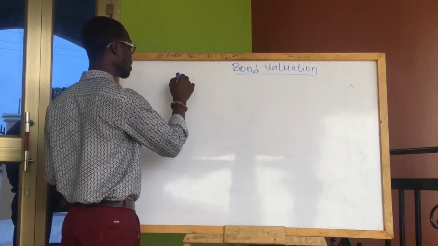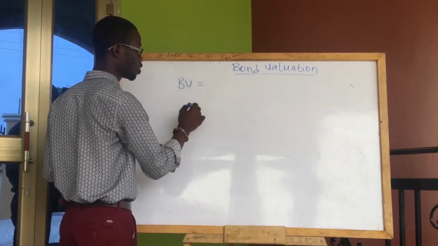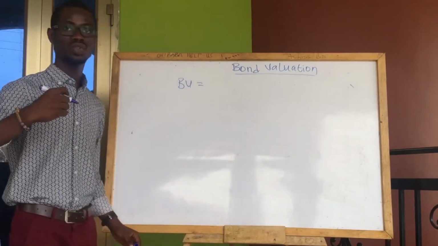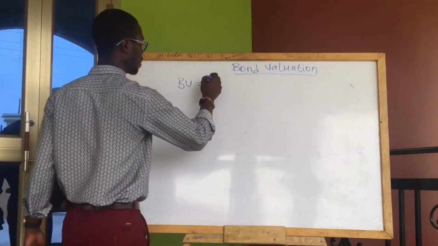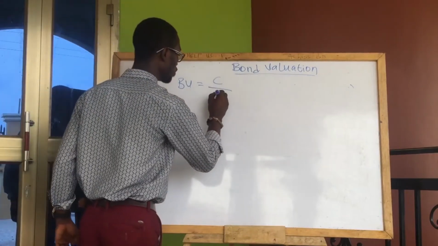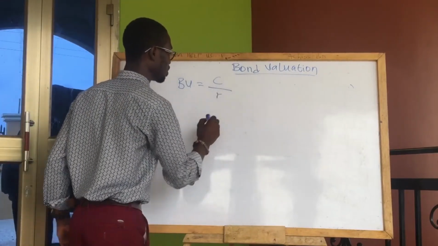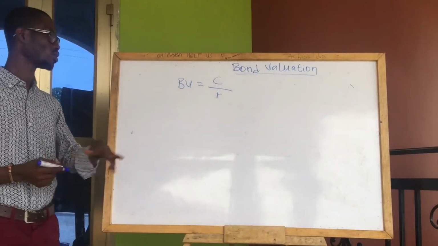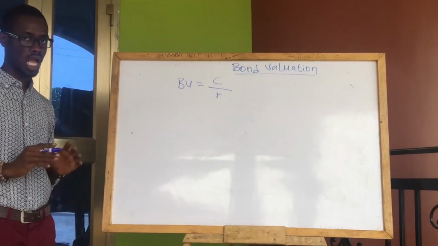So with perpetuity, the bond value is equal to the monthly payment or the yearly payment, C, that's the coupon payment, divided by the interest rate or the yield to maturity. It gives you the price of the bond. I hope it's clear.